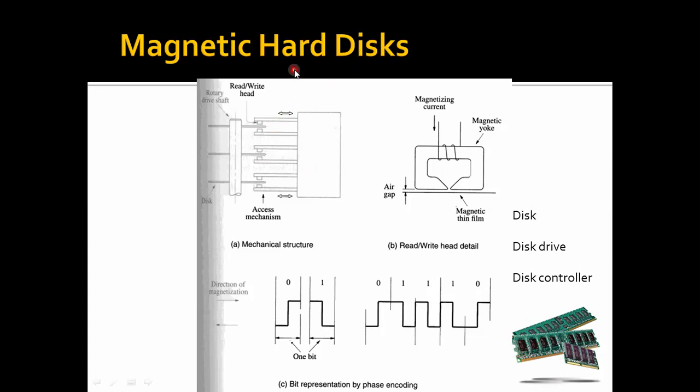Here, what is the mechanical structure inside this hard disk? This is the mechanical structure. We write the data into the hard disk and we read the data from the hard disk also.